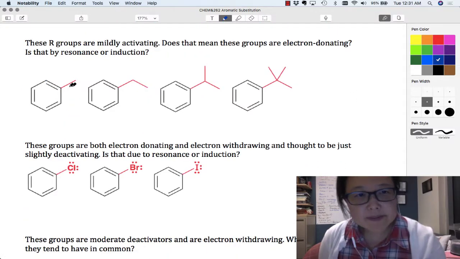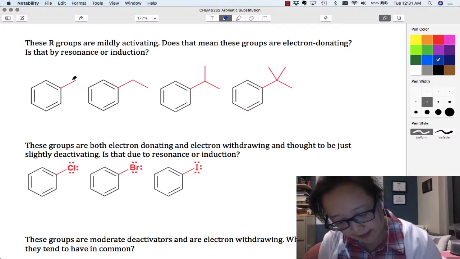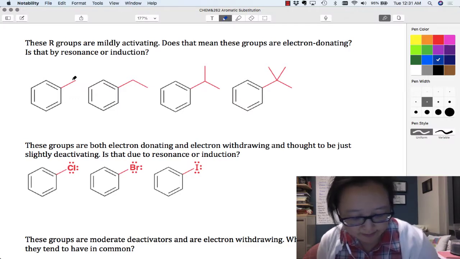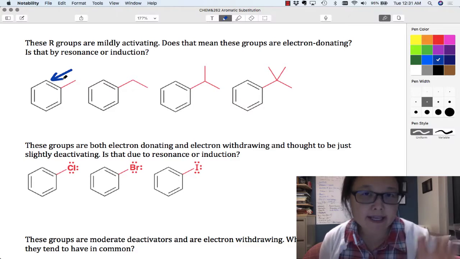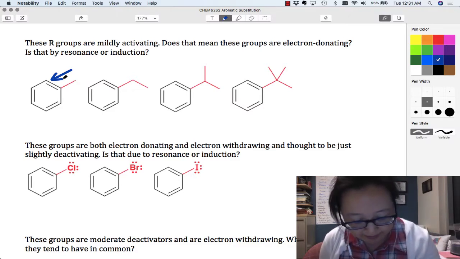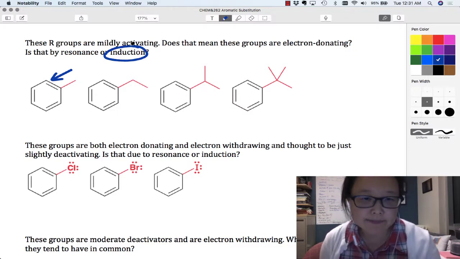With our alkyl groups, they don't have lone pairs, so they can't donate in by resonance, but they do donate in because they have electron clouds, and those electron clouds can be pushed into the ring by induction. So this can only be donating by induction.